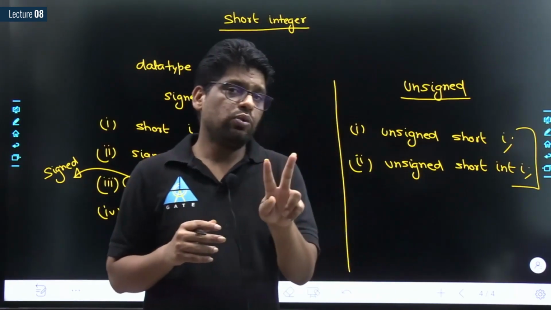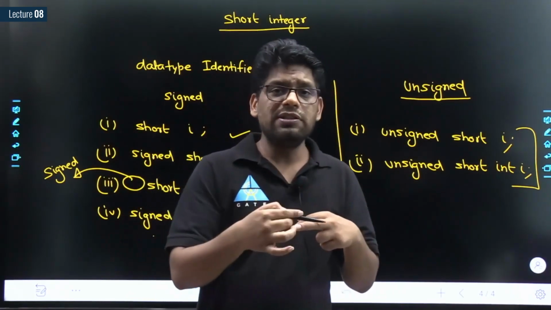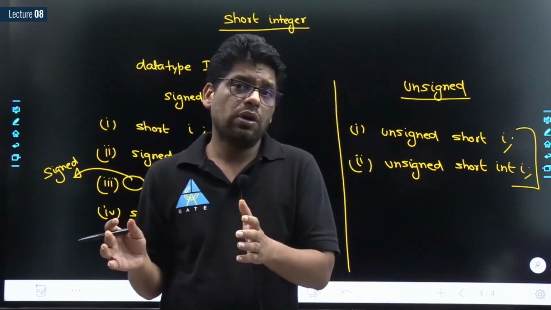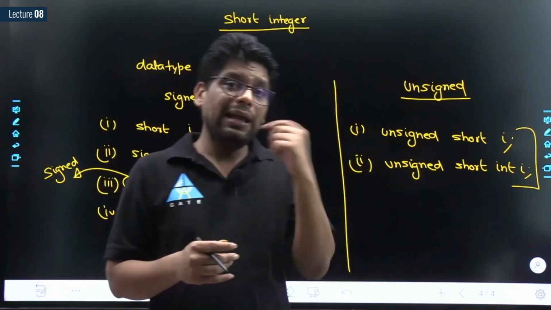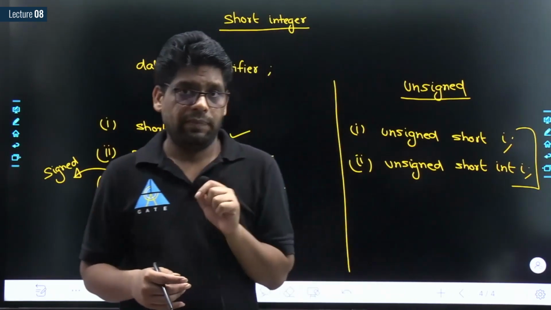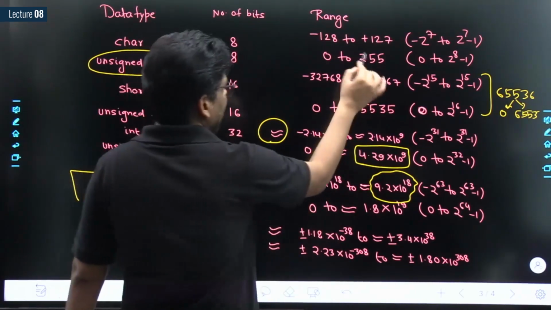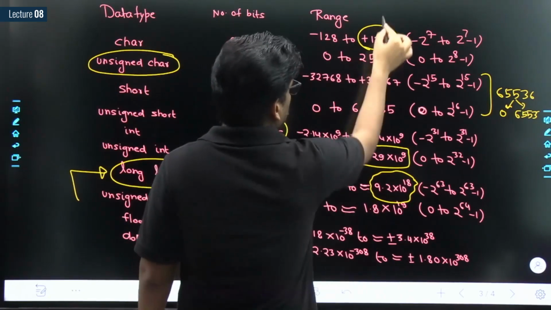Sir, we have two types of number, signed and unsigned. When we talk about unsigned, we can store almost twice larger value than we were able to store previously. I hope we have discussed it. Sir, what is the maximum value we are able to store in signed? 127.